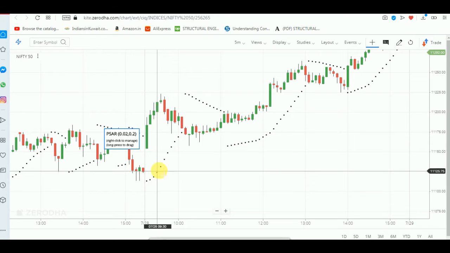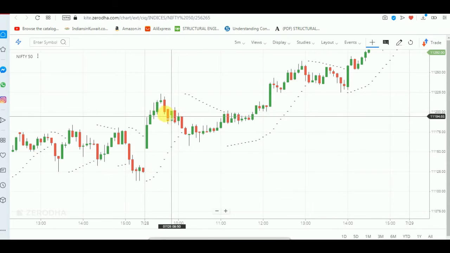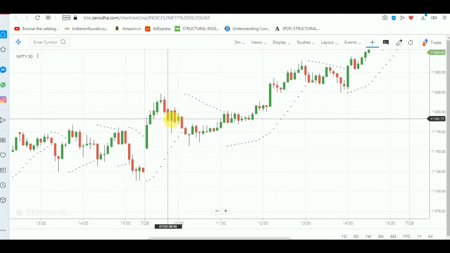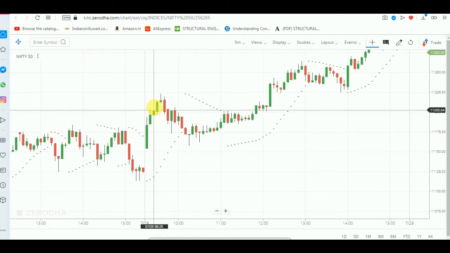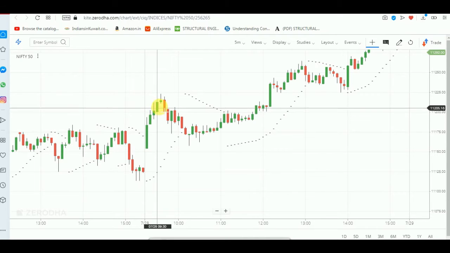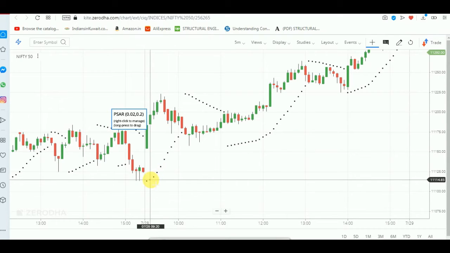The best part is that it keeps moving with the price action, one by one according to the candlesticks. While this candlestick forms and the subsequent candlesticks form, you can keep changing the stop loss order. For example, when you are placing the order, the price of the stop loss is 11,140 rupees.